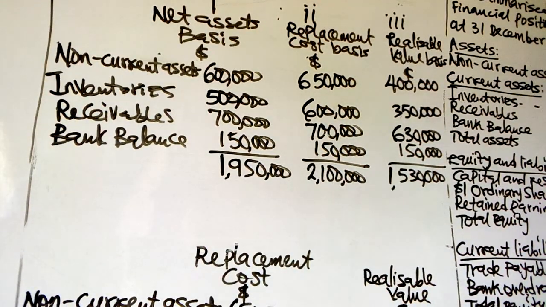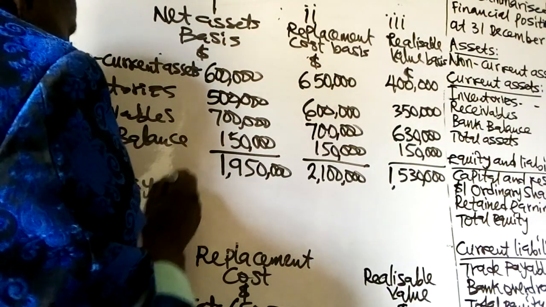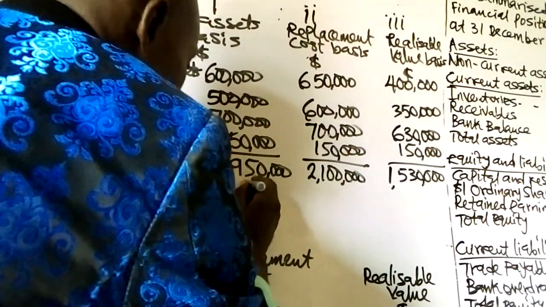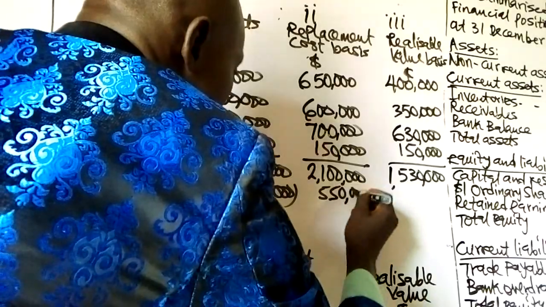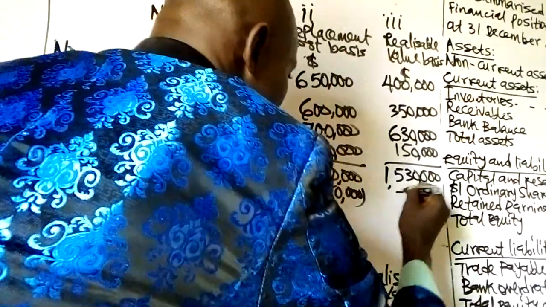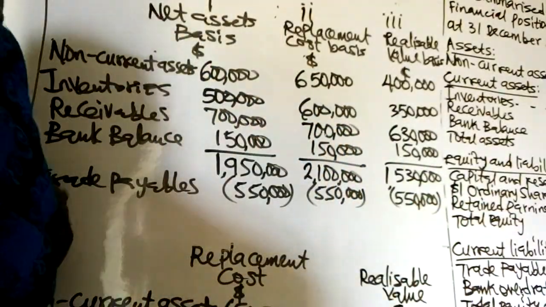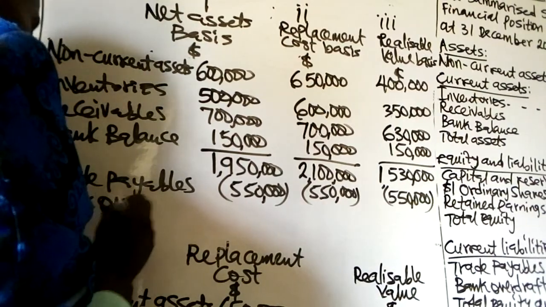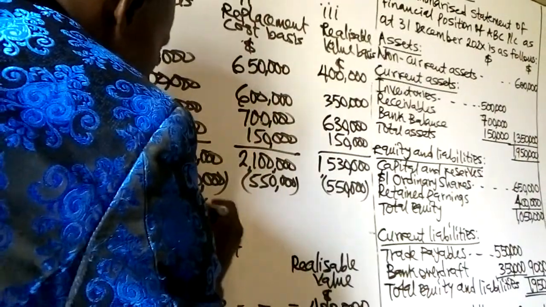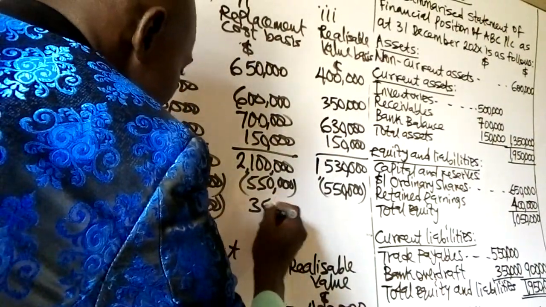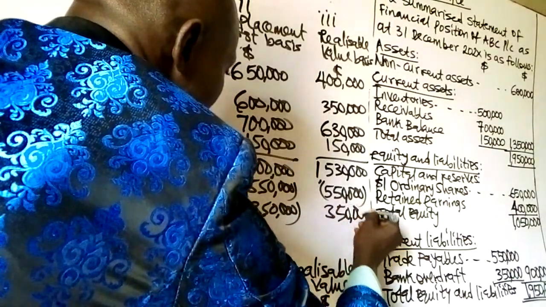Liabilities include trade payables of 550,000, then we also have bank overdraft of 350,000. Those are the only liabilities we have.